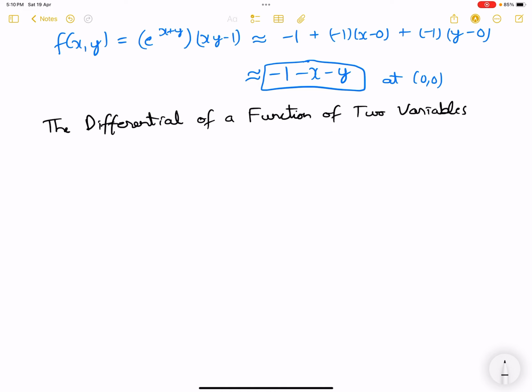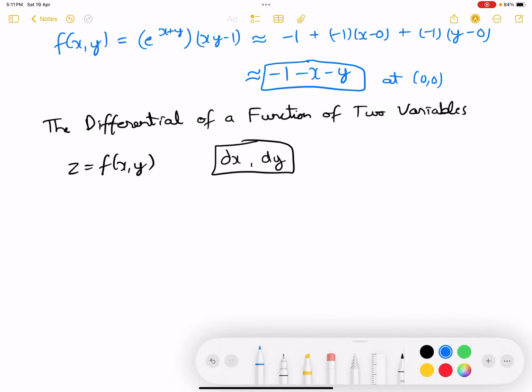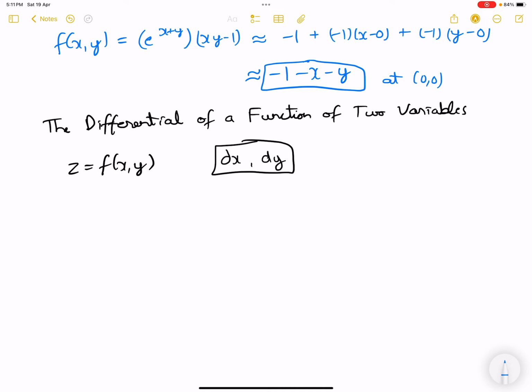Now suppose z equals f(x,y), a function of two variables, and let it be a differentiable function of two variables. Then if we have dx and dy as arbitrary small numbers, we can define the differential of z equals f(x,y) at (x,y), which we will denote as dz or df, because z is equal to f(x,y).